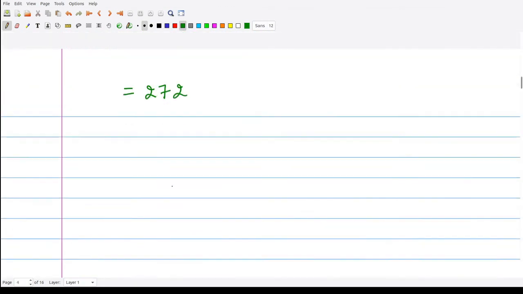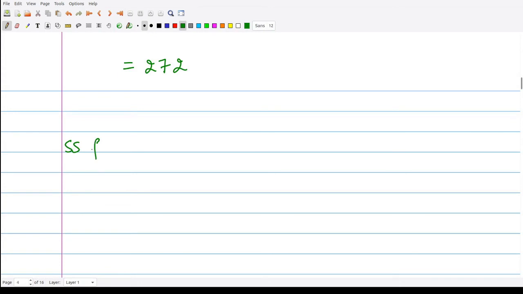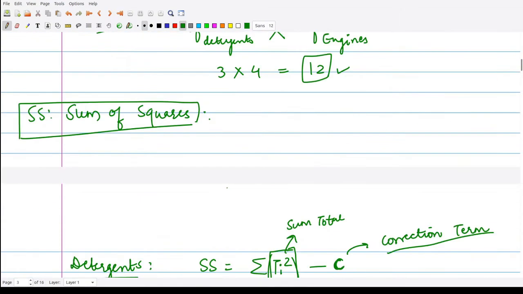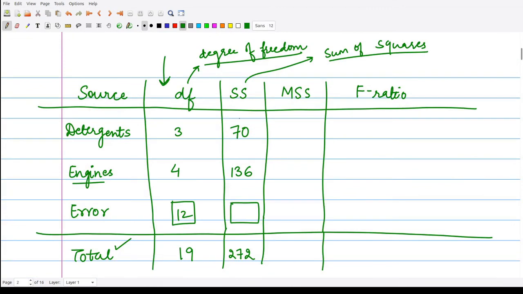Now for error, how can we calculate for error? It is simple. SS for error would be SS for total minus SS for detergents minus SS for engines, right? So for total we just obtained 272. For detergents, from the table you can have a look, we have 70, and for engines we have 136.